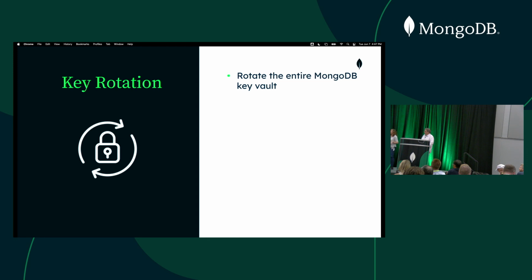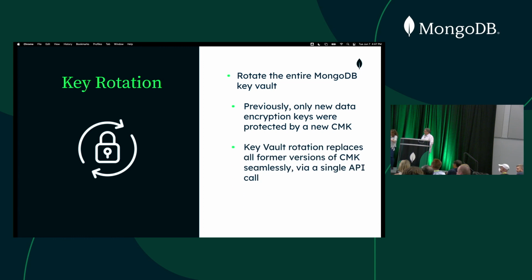With this, we give you the ability to rotate your entire MongoDB key vault with a single API. And it's seamless, so there's no impact to your application running. You can do full key rotation, and your application still runs as it did before.